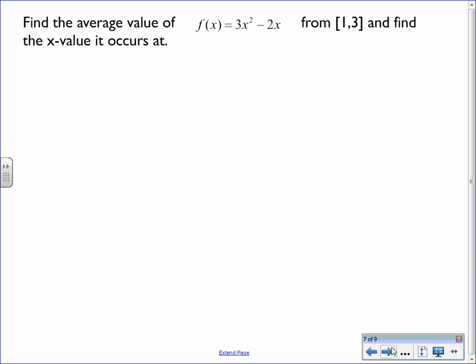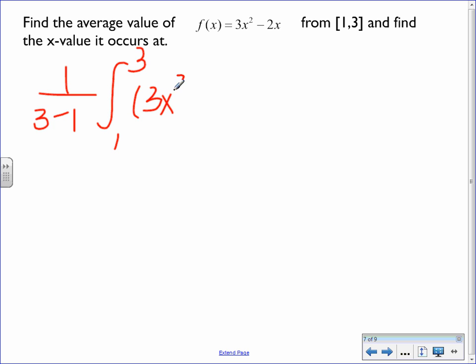Okay. So, here's the homework written. Okay, so 1 over b minus a times the integral from a to b of our function. Notice how I'm putting my function in parentheses because all of it needs to be integrated with respect to x.